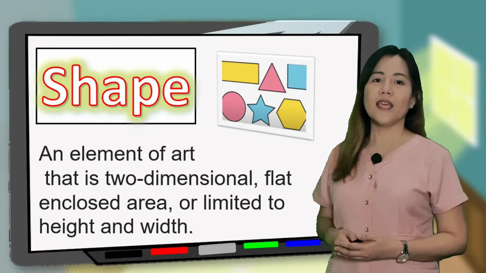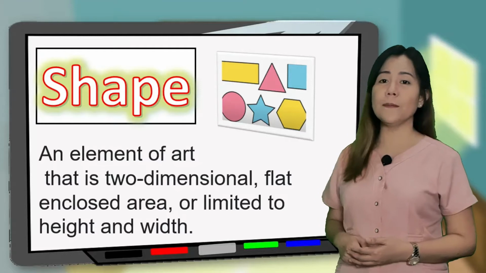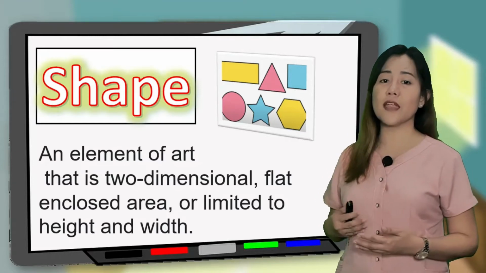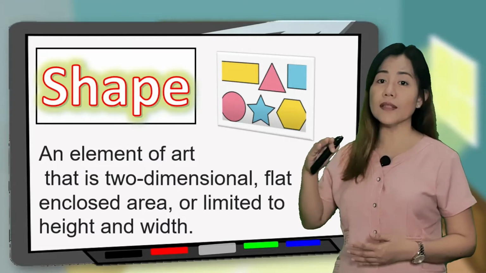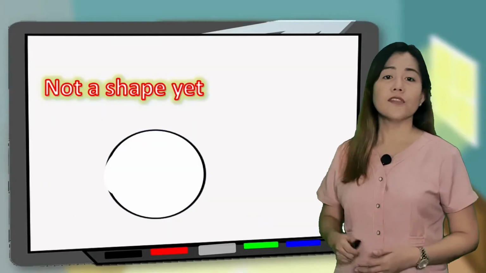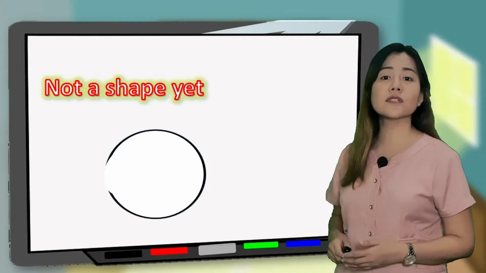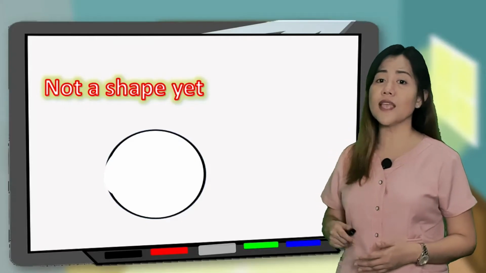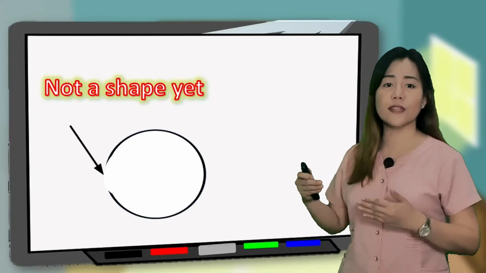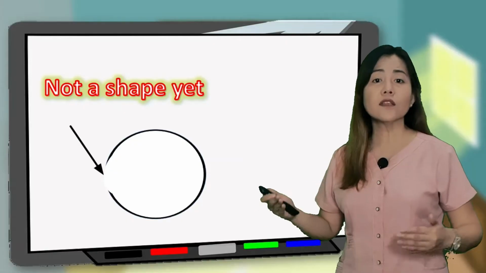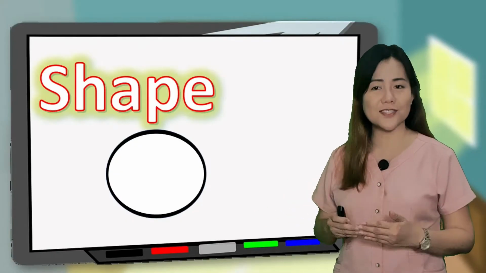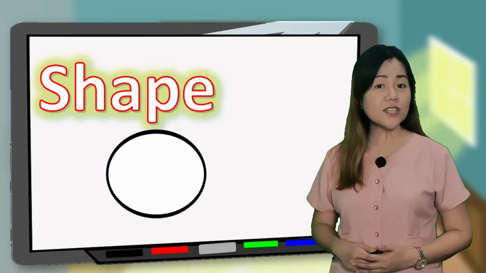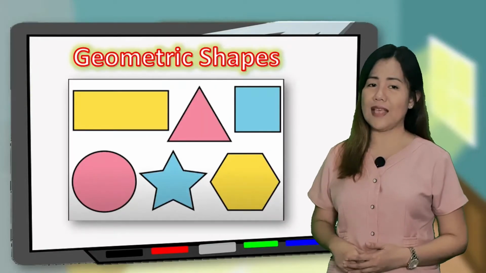Shape. An element of art that is two-dimensional, flat, enclosed area, or limited to height and width. There you have a line that looks like a circle, but it's not yet a shape because the ends are not connected. When the line closes, it becomes a circle. Geometric shapes are the ones you see in math class.